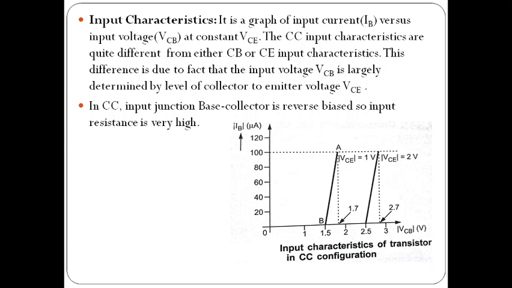Clear? Why? In the previous ones, the input junction is emitter. Here in common collector, the input junction is collector. Due to this reason, it offers high input impedance, and these input characteristics differ from the common base and common emitter.